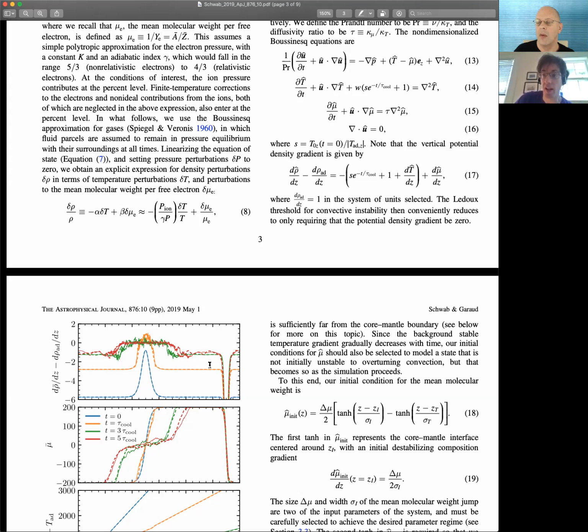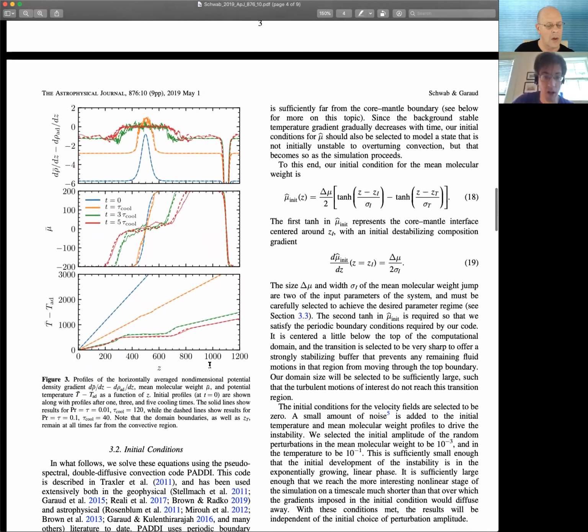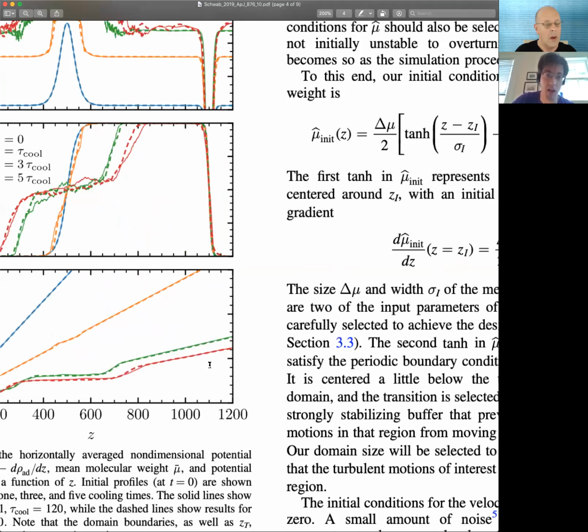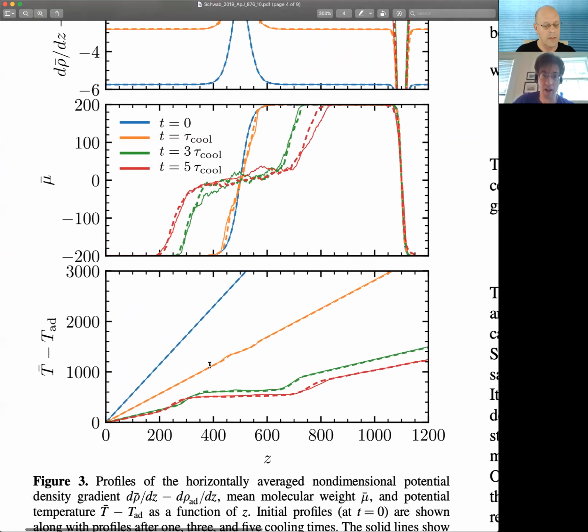But really, the focus in this paper is at a qualitative level where we feel okay with ignoring that quantitative detail. Because really the question we want to answer is how quickly does this material mix? Okay. And so let's look at figure 3, because this shows the setup that we have.